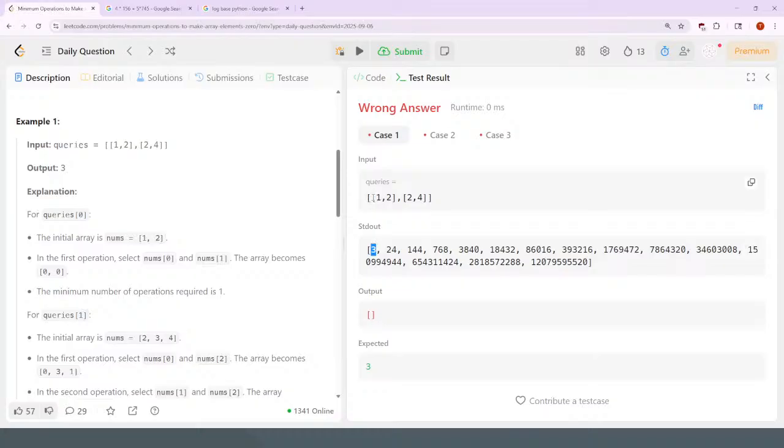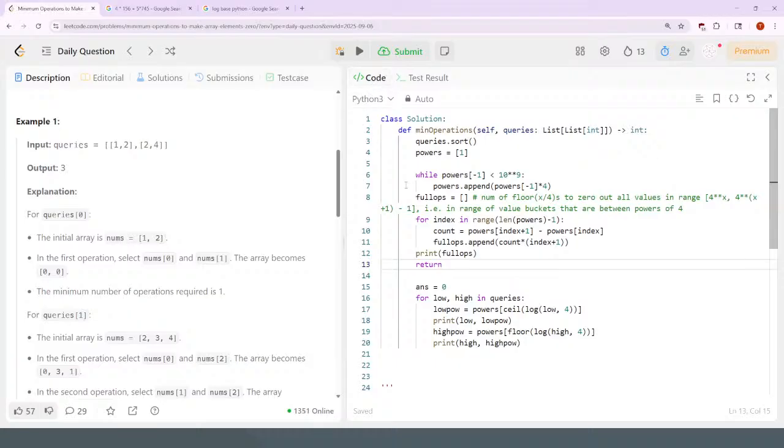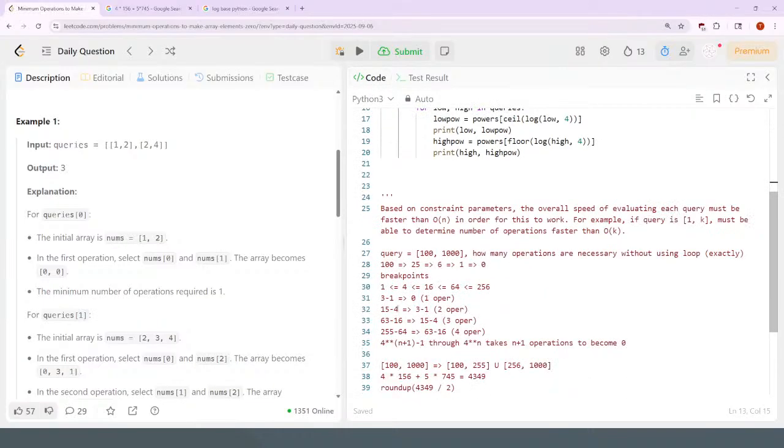So the first one has 3 values. Each one takes 1 operation, so it's 3. And the second one should have 12 values, 16 minus 4. 12 times 2 is 24.